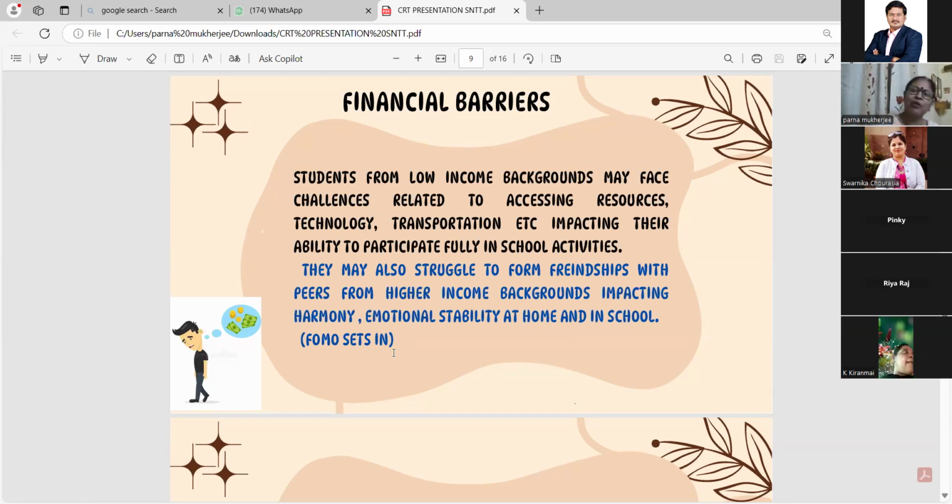Now, this has always been there from the very beginning. But nowadays, mobiles and gadgets have made the differences wider. And that is why we feel we need to address these difficulties all the more.